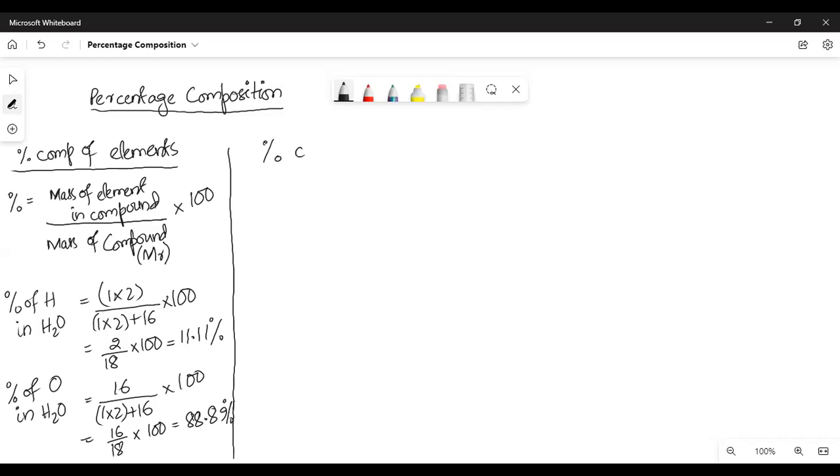Now the second is percentage composition of ions, which is pretty much the same, just that we're going to talk about the percentage of ions in an ionic compound.